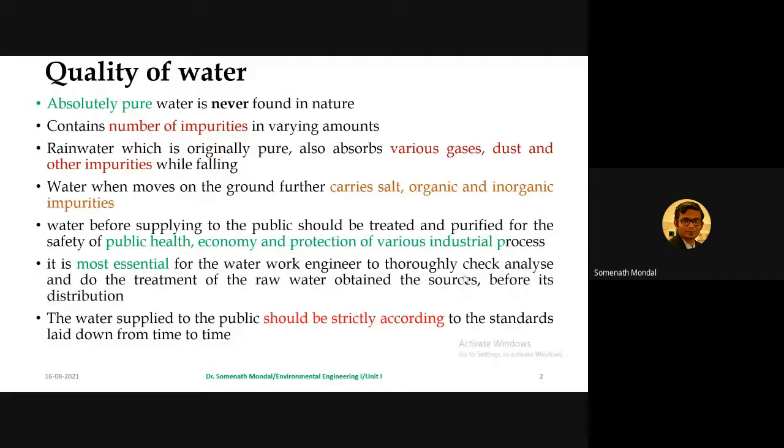The rainwater, if you try to imagine the overall hydrological cycle, you would be able to relate it better. The rainwater, which is originally pure, also absorbs various gases, dust, and other impurities while falling down, and that is why once it precipitates in the form of rainfall, it cannot be called that pure, because all those impurities have been mixed with the water.